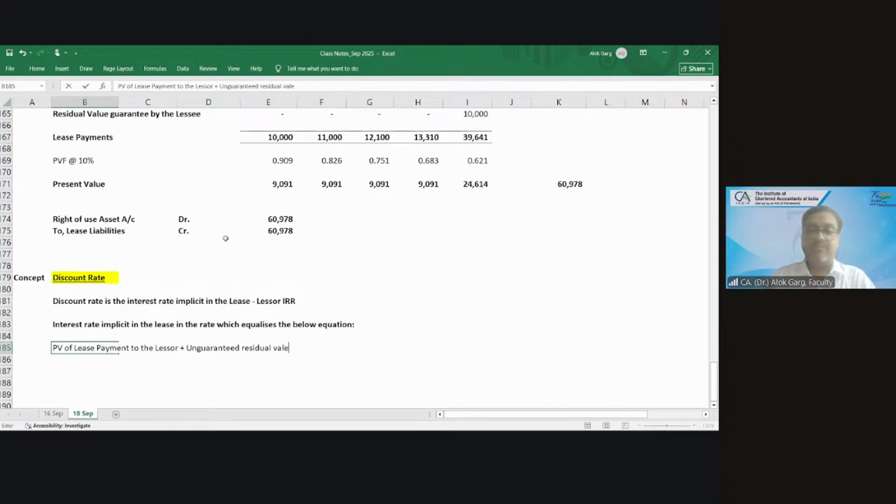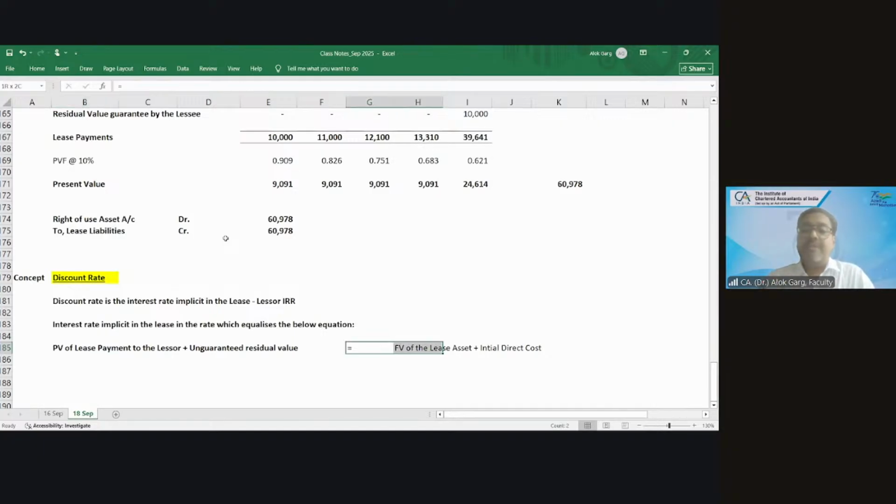Unguaranteed residual value क्या होती है? जिसकी किसी ने गारंटी नहीं दी, residual value. Should be equivalent to the fair value of the lease asset plus initial direct cost.